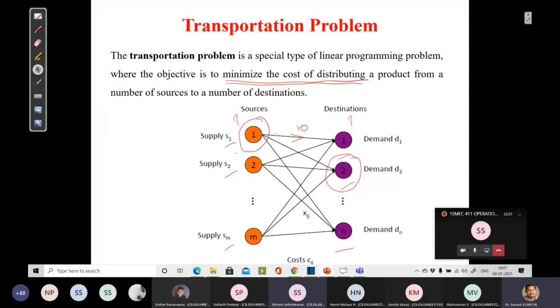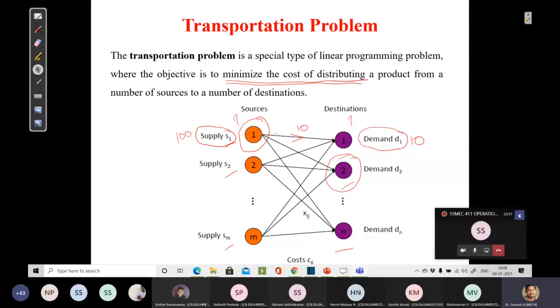Yeah, exactly. So source 1 can deliver only a particular supply. It can produce or give you a particular supply, and at the other end, destination 1 should also have a demand for the product. For example, if your demand is 10 units and your supply is 100 units, it doesn't mean that all 100 products need to be delivered to demand 1.